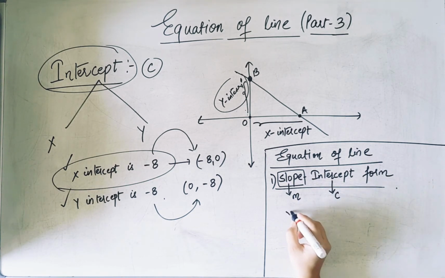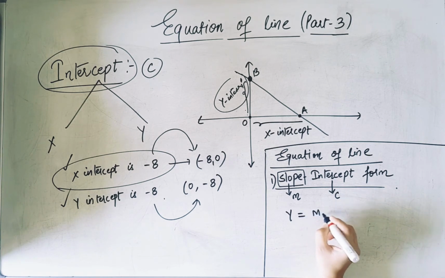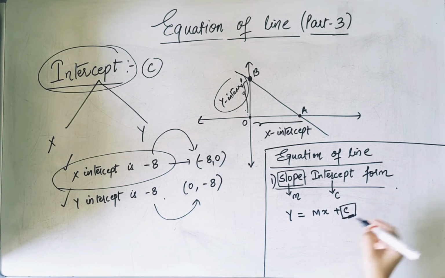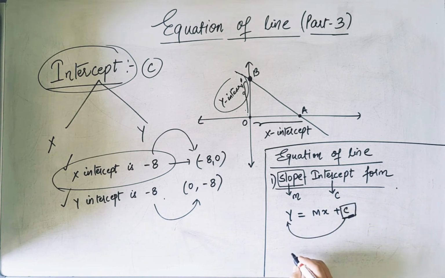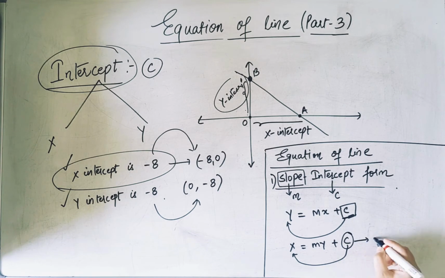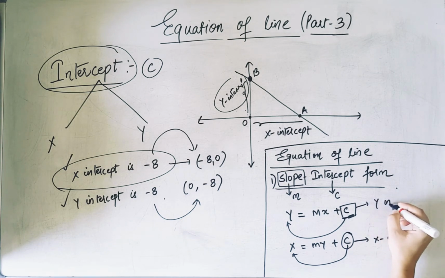If I am writing equation like y = mx + c, so c is known as intercept, and which intercept? Y-intercept. But if I am writing equation x = my + c, then in this case this c is known as x-intercept, and the earlier one is known as y-intercept.